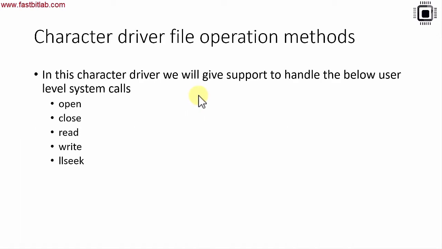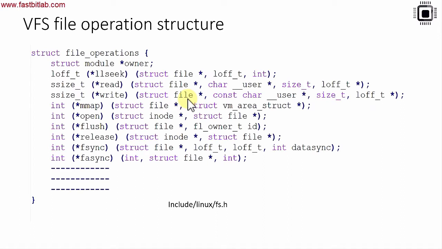In this character driver, we will support handling the following user level system calls: open, close, read, write, and lseek. In the previous video, we created a variable of the struct file operations type. This structure you can find in include/linux/fs.h.